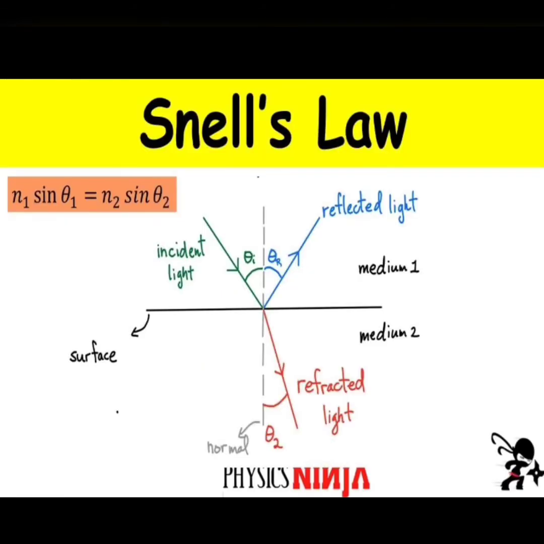Snell's law. Refraction of light rays as they travel from one medium to another medium obeys two laws, and they are known as Snell's law. The first law is: the incident ray, the refracted ray, and the normal at the point of intersection all lie in the same plane.